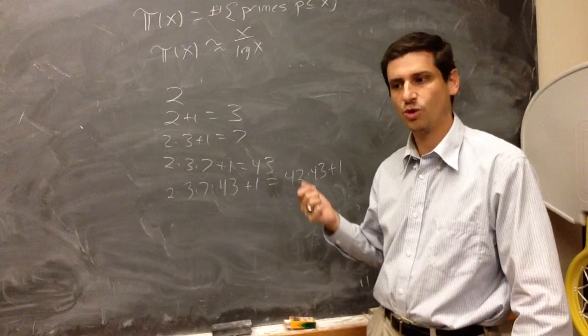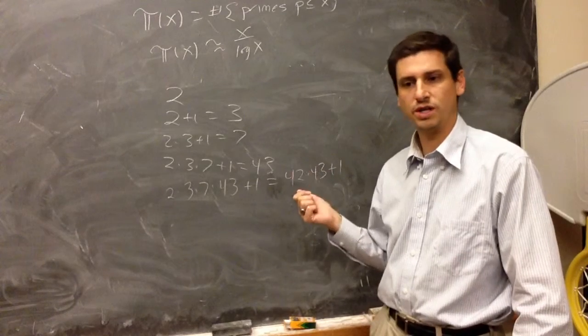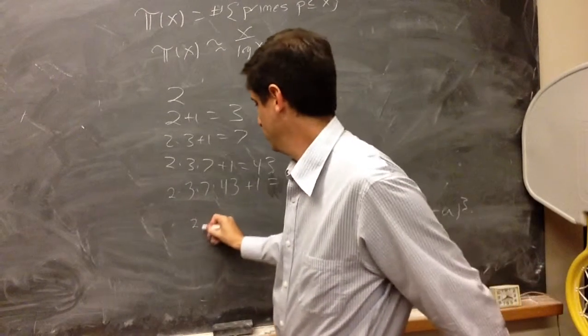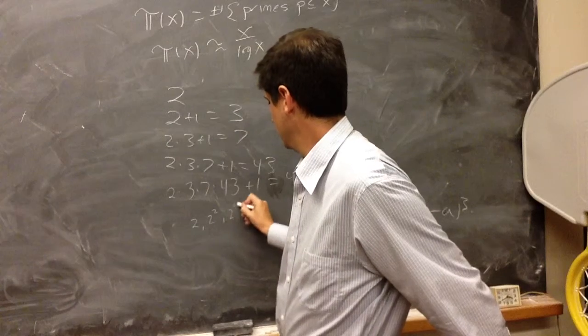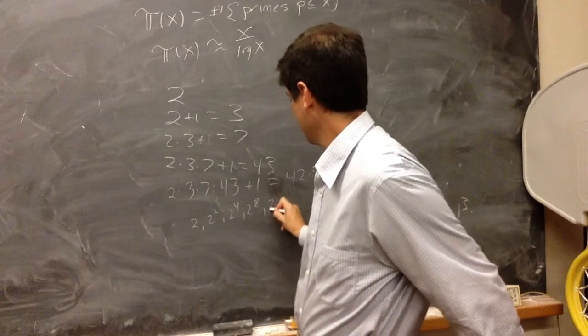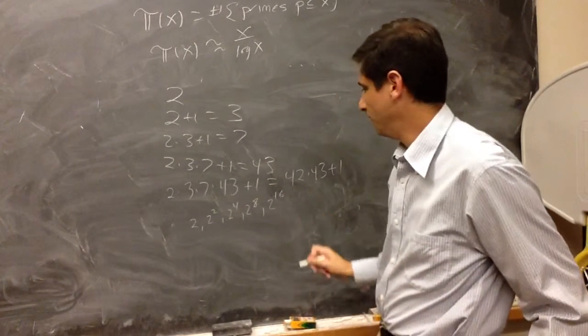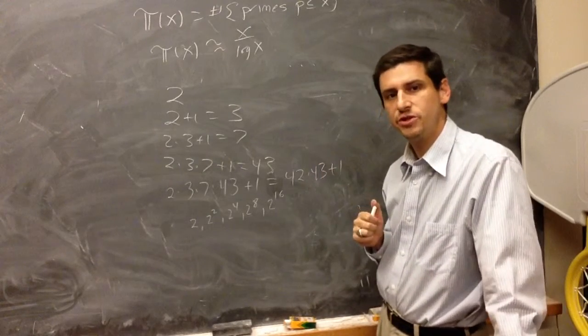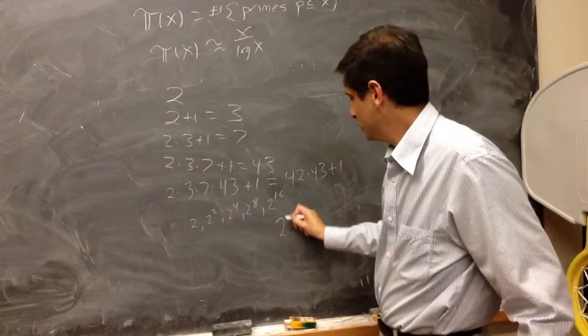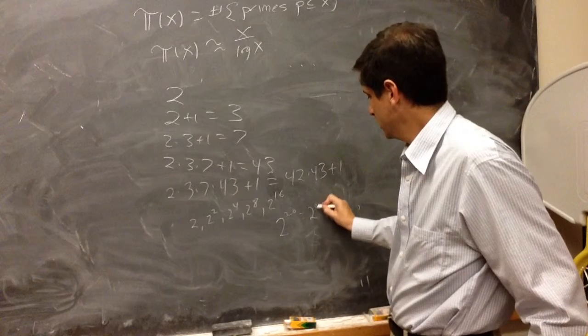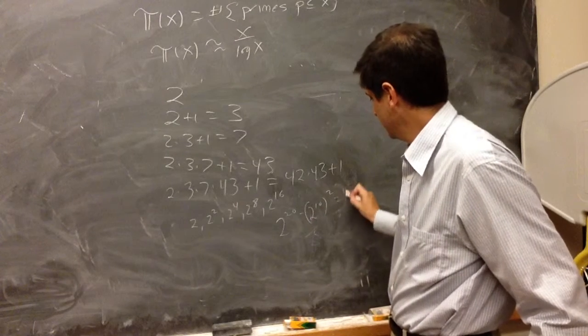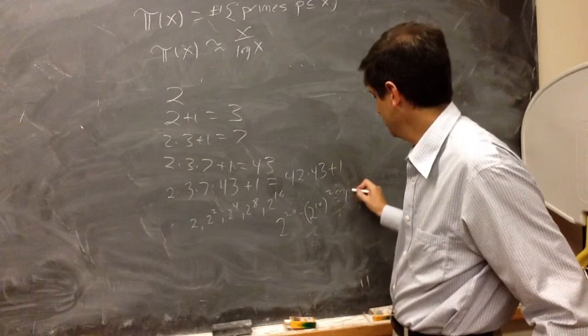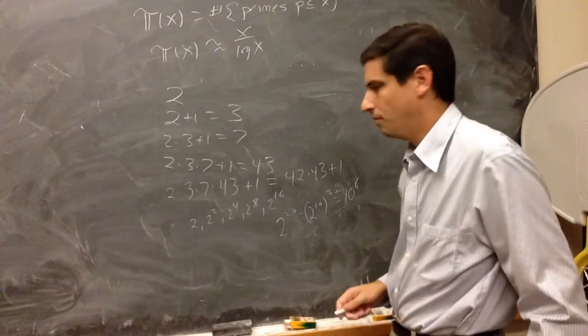And so if we want to get all the way up to 2 to the 20th, we go 2, 2 squared, 2 to the 4th, 2 to the 8th, 2 to the 16th, and the next one would exceed 2 to the 20th. Note, 2 to the 20th is 2 to the 10th squared. 2 to the 10th is approximately 10 cubed, so this is about 10 to the 6th.